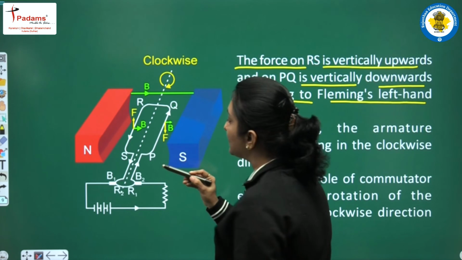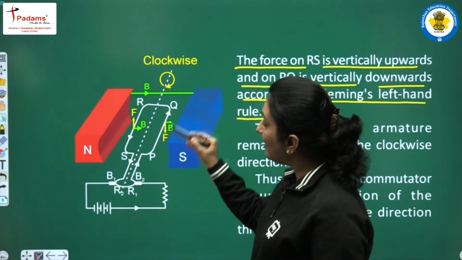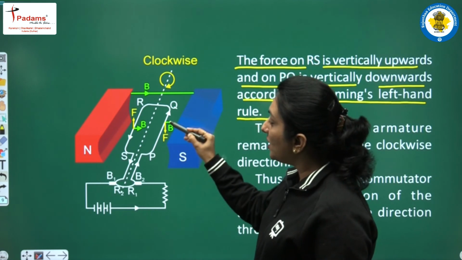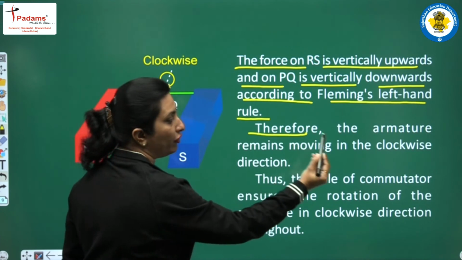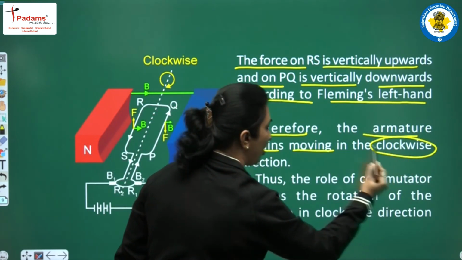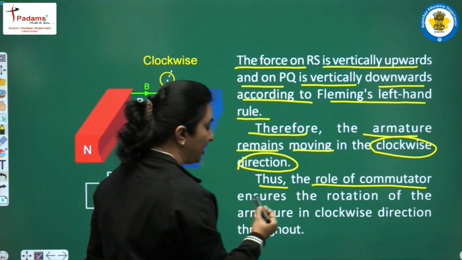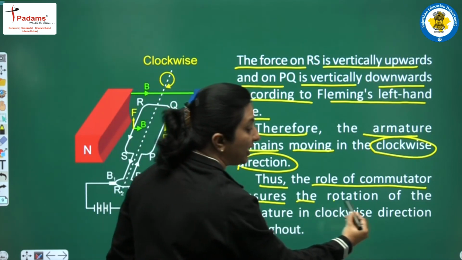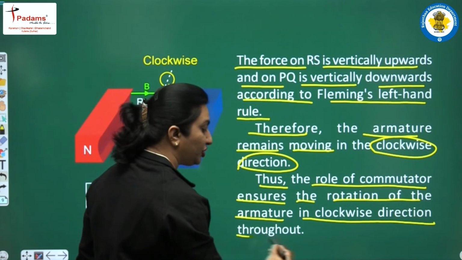So what we see is that here in RS it is vertically upwards and in PQ it is vertically downwards. Therefore the armature remains moving in the clockwise direction. Thus, the role of the commutator ensures the rotation of the armature in clockwise direction throughout.